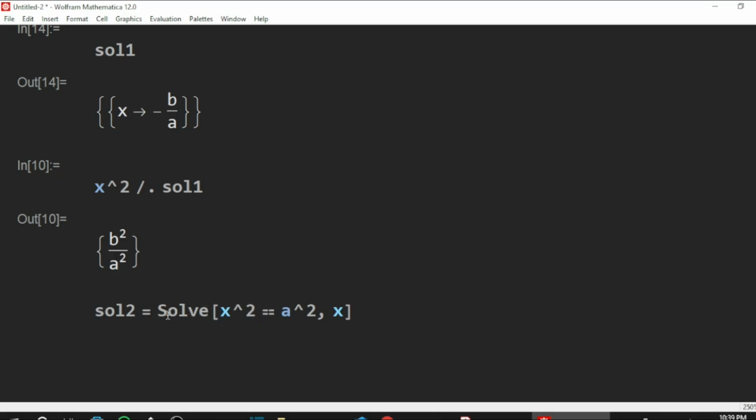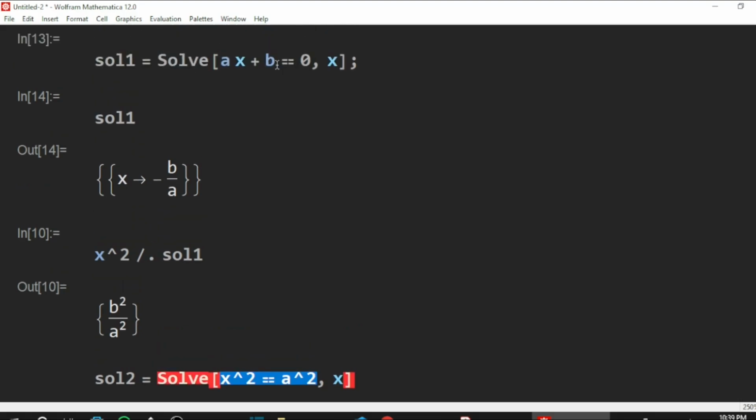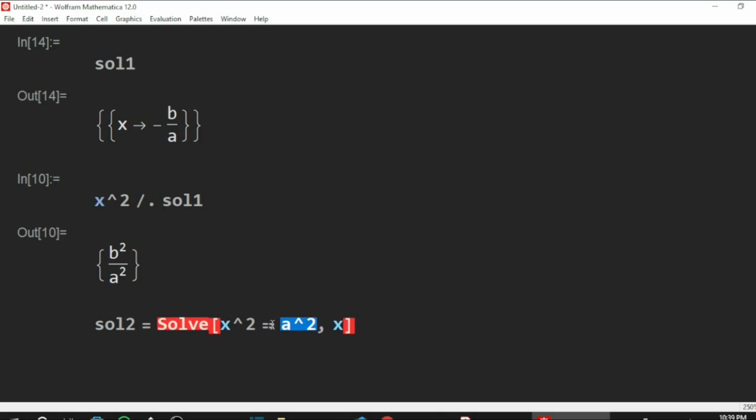So now I asked Mathematica to solve this equation. You see there is a difference between these two equations: here I put 0 on the right side, and here I am putting a squared on the right side. That doesn't make any difference.